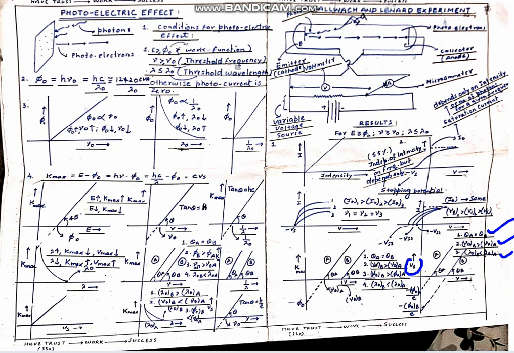So that means kinetic energy should increase with intensity, or equivalently stopping potential should increase with intensity. But it was found experimentally that within error limits, Kmax, or stopping potential, is independent of intensity, but just depends on the frequency of photons.